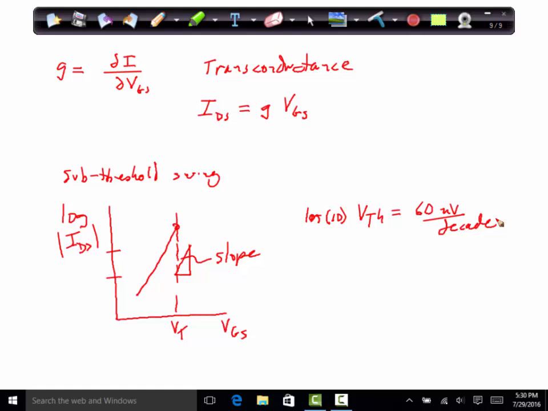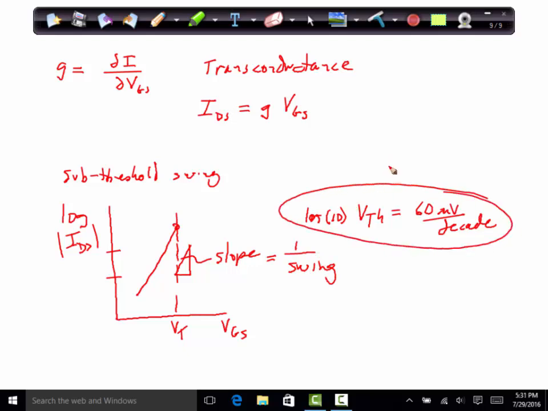We'll physically discuss this, but the number that you're looking for if you're trying to make the best MOSFET possible will be to push that subthreshold swing, which is 1 over the slope, towards this 60 millivolts per decade. So again, the swing is given in voltage per decade of current. The slope of this plot that we made obviously is in decades per volt.